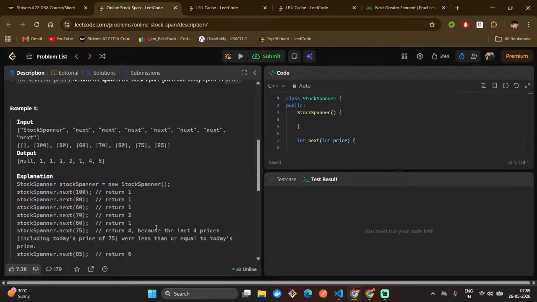So less than or equal to 60. Now 17, so 17, and 180, 60, 70.